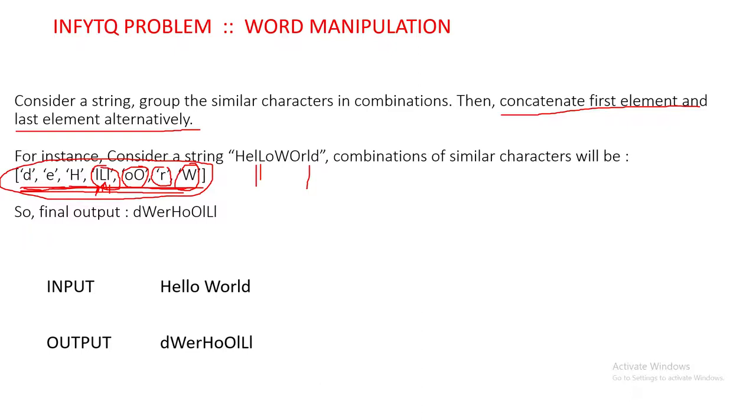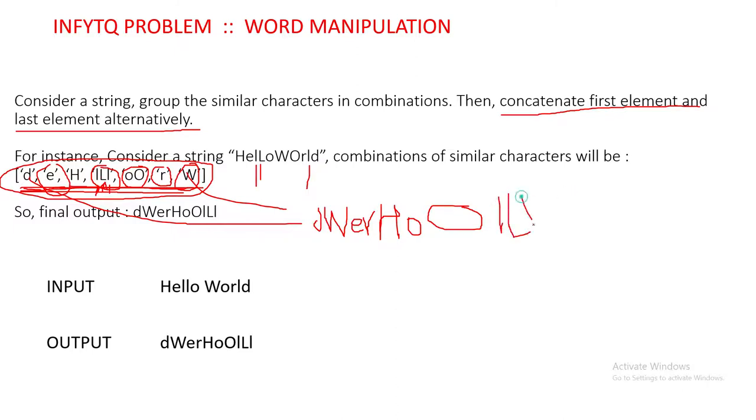So we concatenate the first element D, the last element W, again this element E, again the last element R, again this H, again this O. So we'll take all the combination in the list, and this LLL. Now you can see that we have got the desired output.